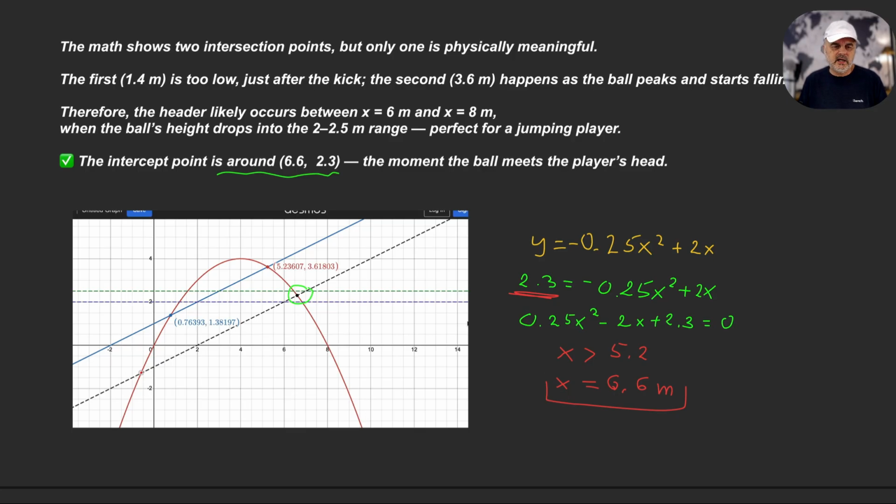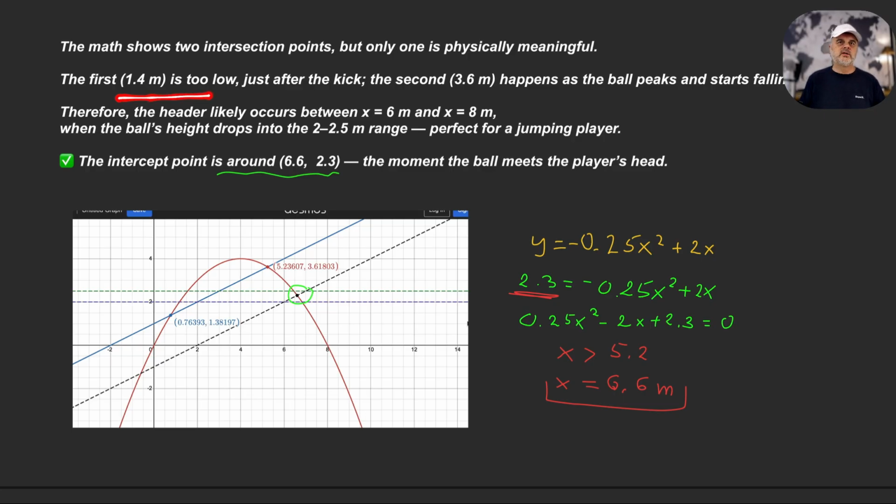One could even be negative, one is positive. But which one would you take? The one which is greater than 5.2. You don't consider the one that is less than that, because we already knew that the first interception is unreasonable at 1.4.